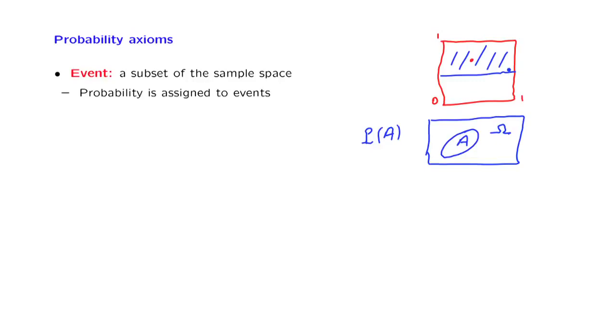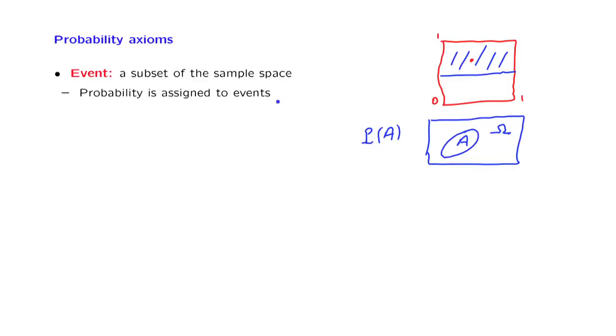So even though individual outcomes may have zero probabilities, sets of outcomes in general would be expected to have positive probabilities.